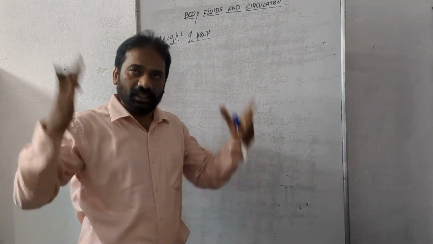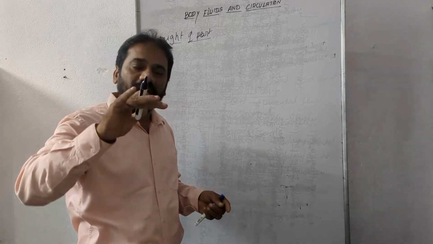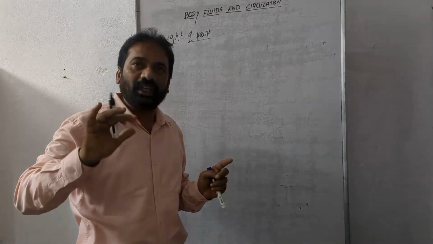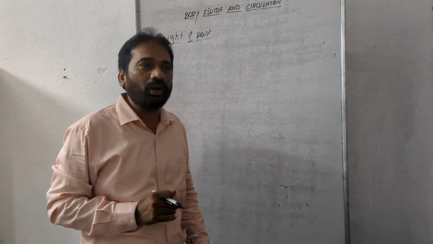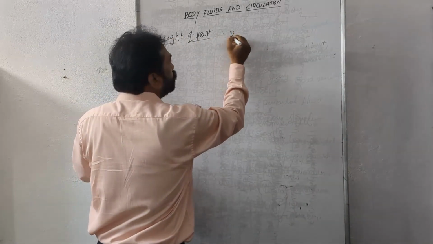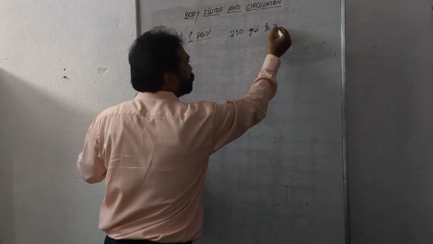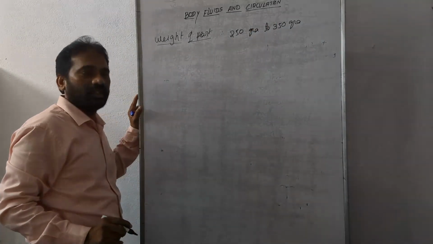In adults, there is size variation we are identifying. Some are of medium height, some of medium size, small size, and there is a gigantic physique also. The weight is 250 grams to 350 grams.